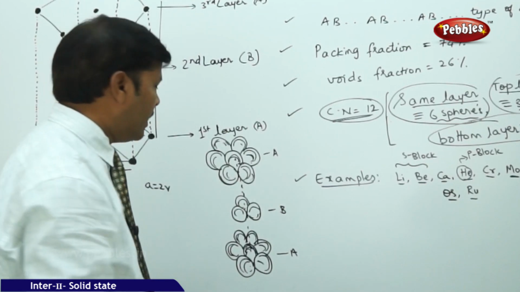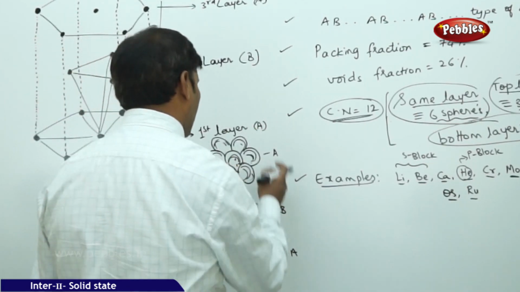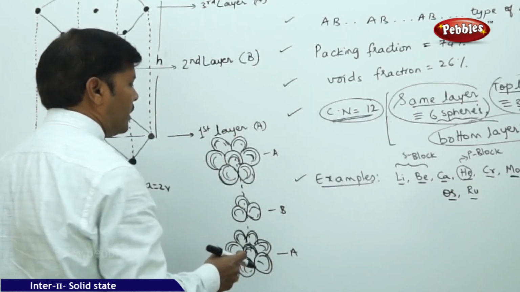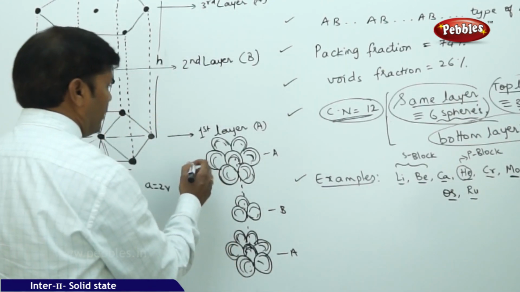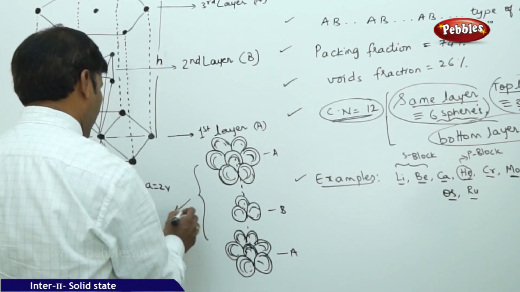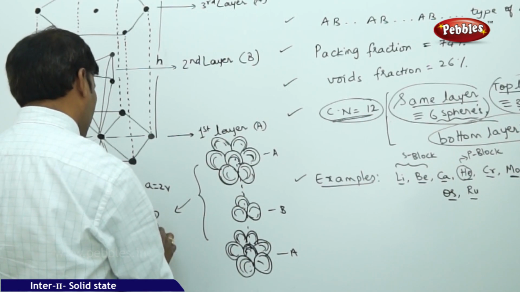So from this it is very clear that the repetition of an AB type of arrangement is taking place. This is a 3-dimensional arrangement.